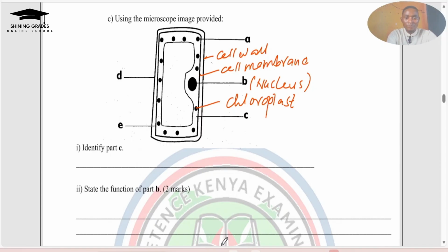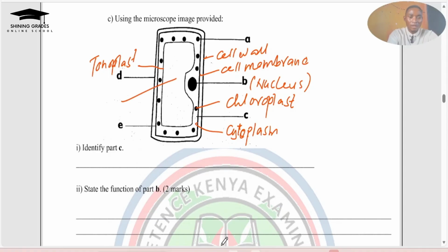Then we have the cytoplasm. We also have the tonoplast. And then we have the vacuole. So we identify part C.